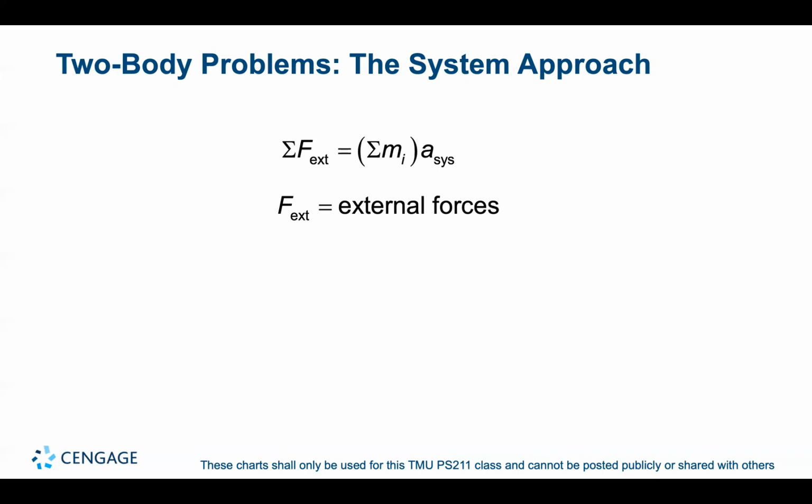The second law of motion for the system approach is shown here, where F sub ext are forces external to the system. Internal forces, for example, a tension force holding the system together, do not appear. Internal forces must be found by applying the second law to individual bodies in the system. The system approach naturally can be extended to three or more bodies.